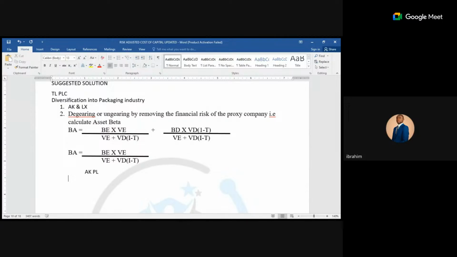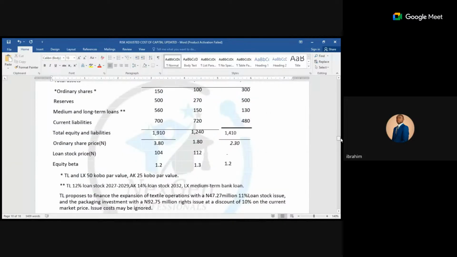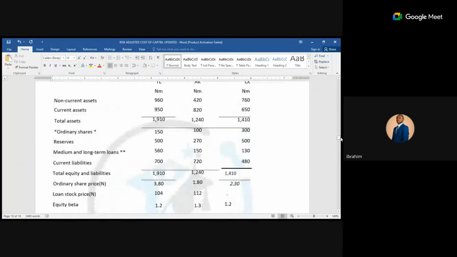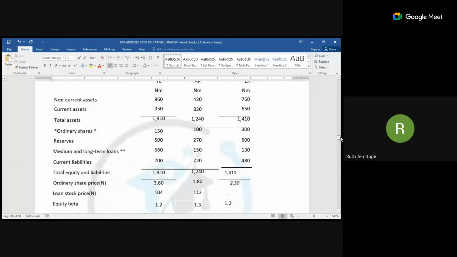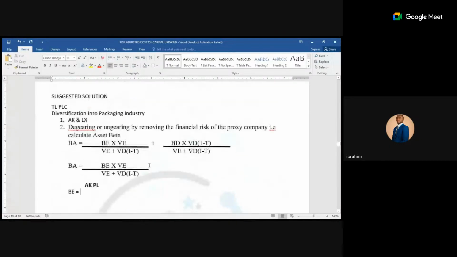What is the equity beta for AK PLC? 1.3. Class, are we still together? 1.3. I expect you to have your material as of now, please.